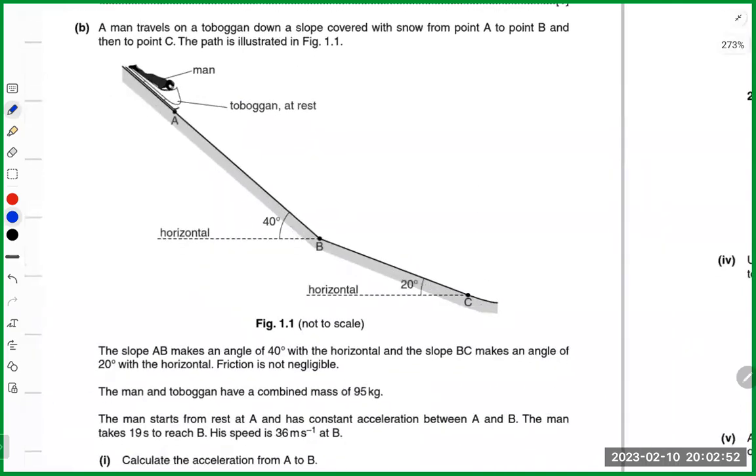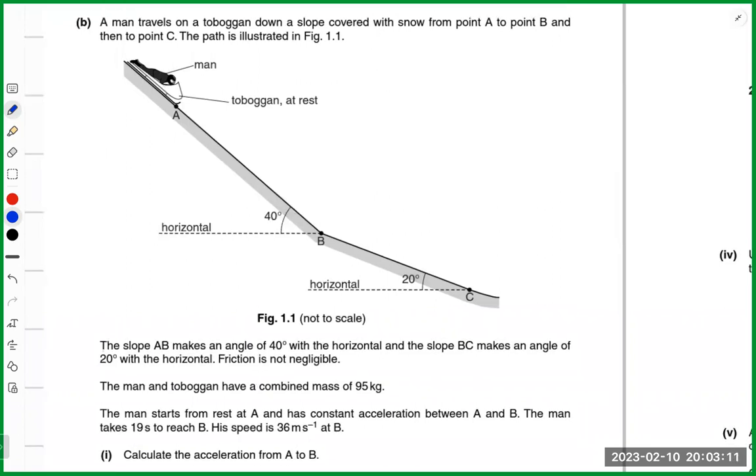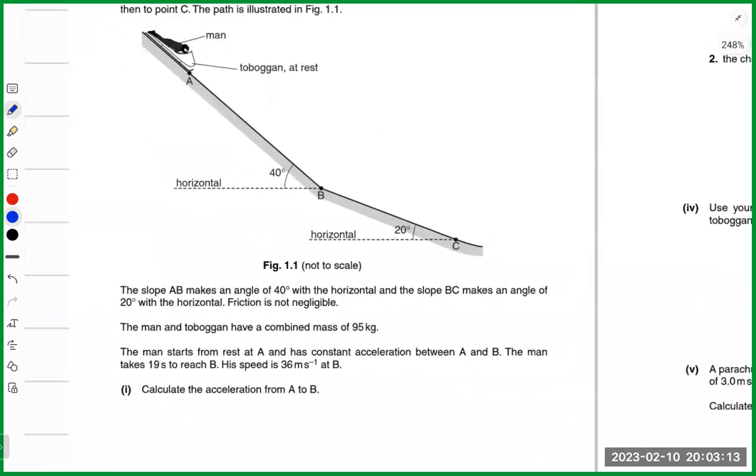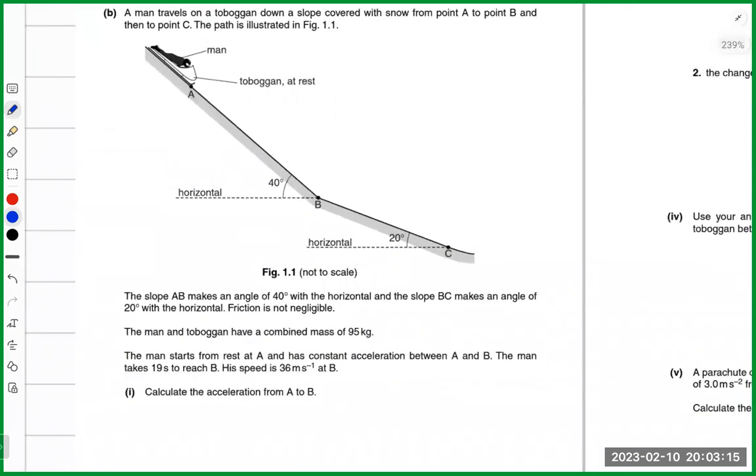A man travels on a toboggan down a slope covered with snow from point A to point B and then point C. The path is illustrated in the figure. Toboggan at rest. The slope AB makes an angle of 40 degrees to the horizontal and slope BC makes an angle of 20 degrees with the horizontal.